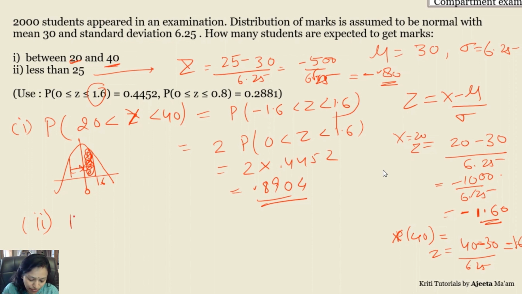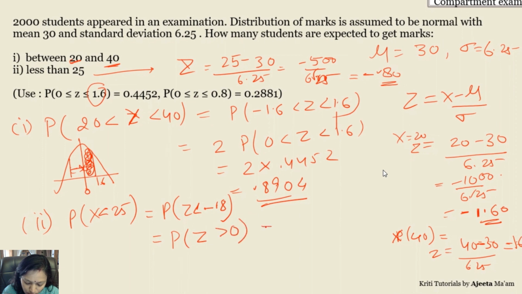So less than 25. So x is less than 25. So it means z is less than minus 0.8. Correct? So z is less than minus 0.8 में हम क्या करेंगे अब? Again we will use the same value. So we can write it as p of z greater than 0 minus p of z between 0 and minus 0.8.